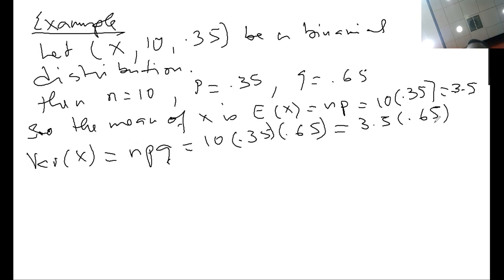You can use a calculator to find this. That is 3.5 times 0.65. 3.5 is NP, Q is 0.65.